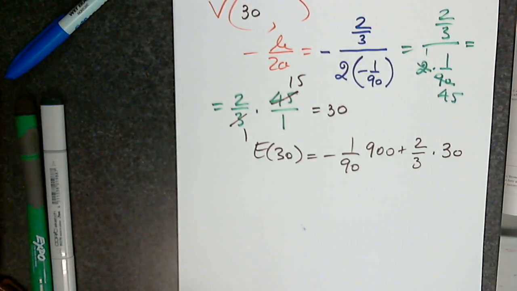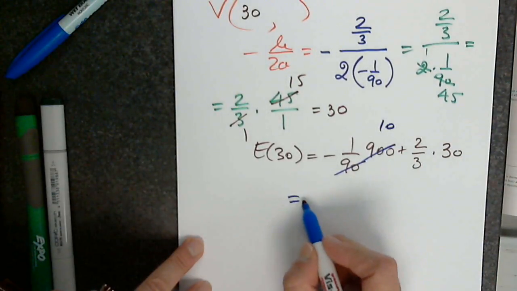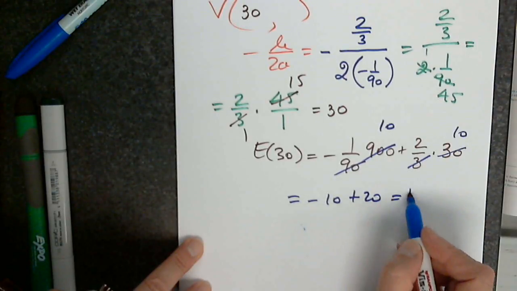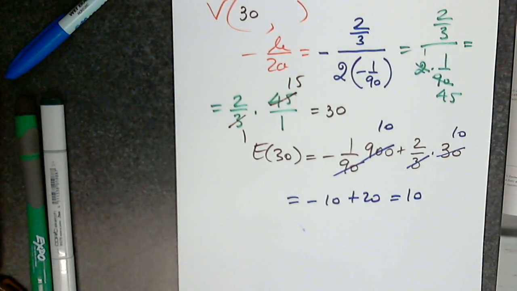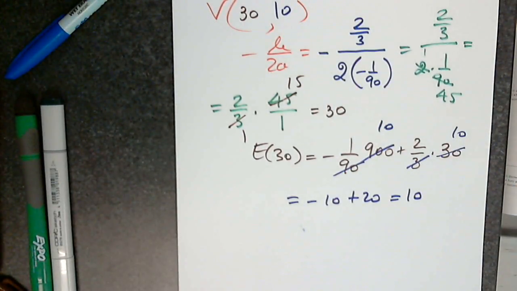It should be. So let's see. So -10 plus 20 equals 10. Indeed, the maximum effectiveness is attained when the viewer is bombarded 30 times with the same thing over and over.